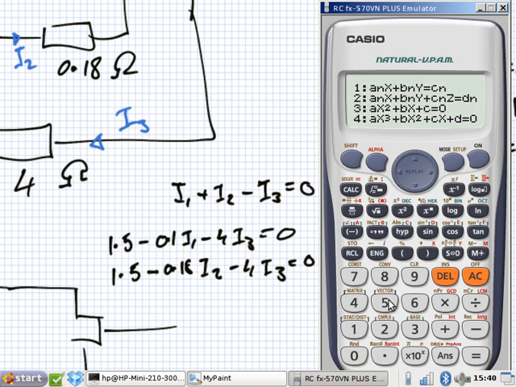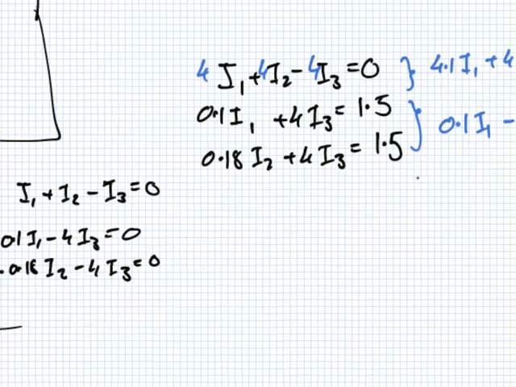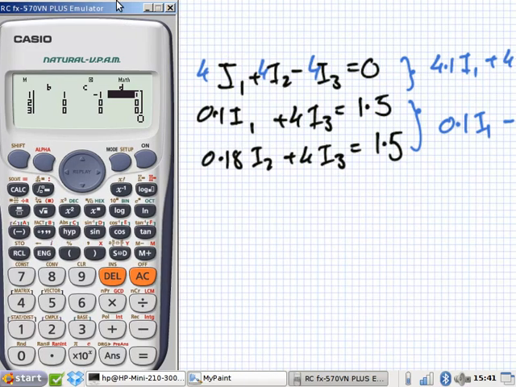Mode 5 2. 1, minus 1. Where's the other? Okay, 0, 0.1, 0, 4, 1.5. No, that's wrong. 0, 0.1, 0, 4, yeah, 1.5.